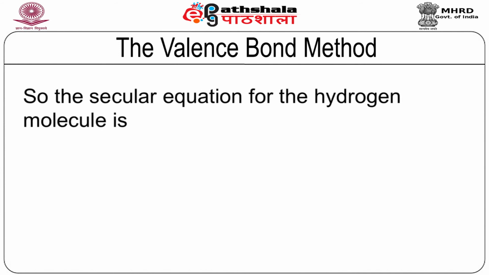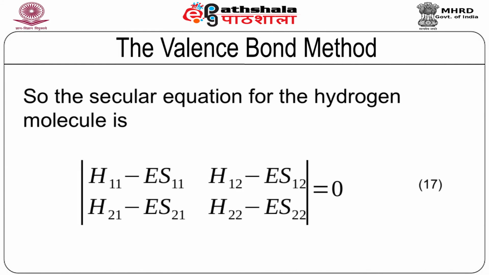So returning back to our case of the hydrogen molecule, the secular equation for this situation will be the determinant H11 minus E S11, H12 minus E S12, H21 minus E S21, H22 minus E S22 equals 0. Now what are the matrix elements H11, S11, H12, S12?